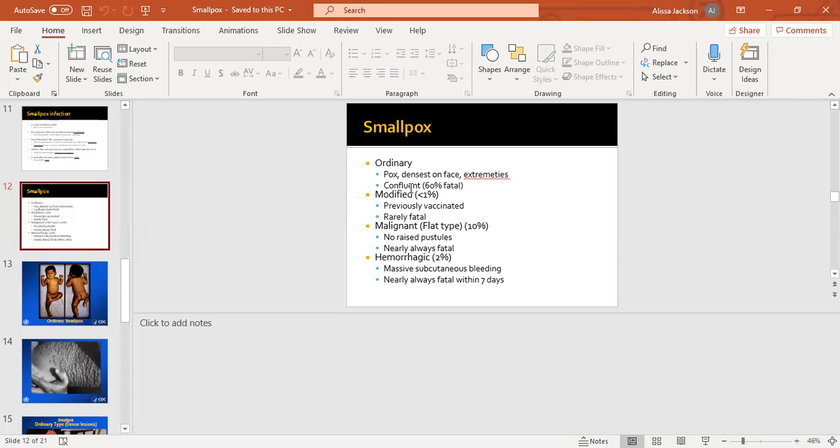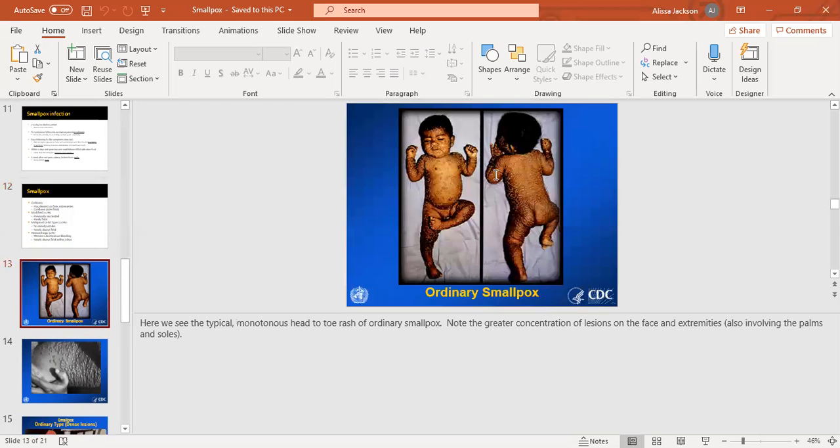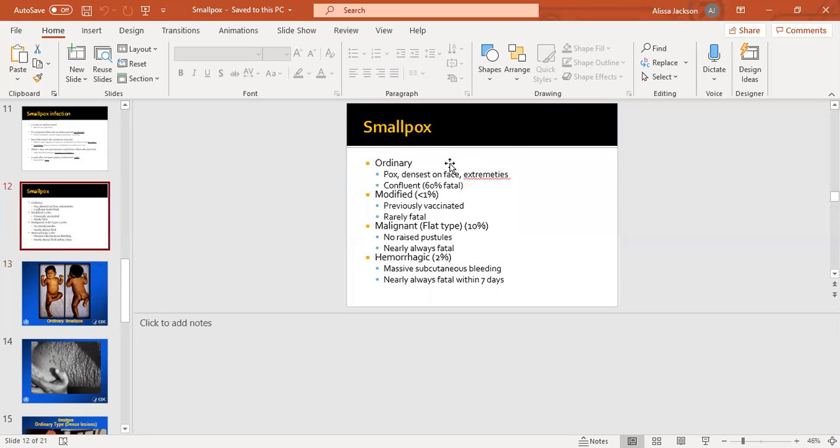So ordinary would just be like your generic smallpox. Yeah. Like we always hear about. Yeah, the typical rash. But there's more on his little face. Or she.